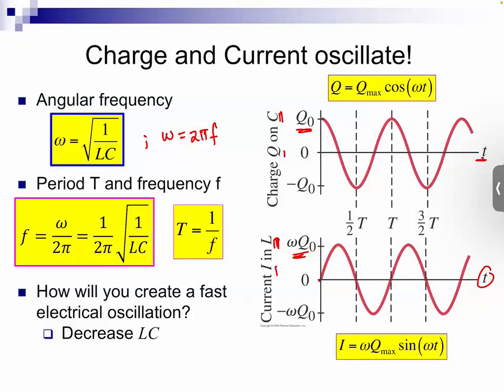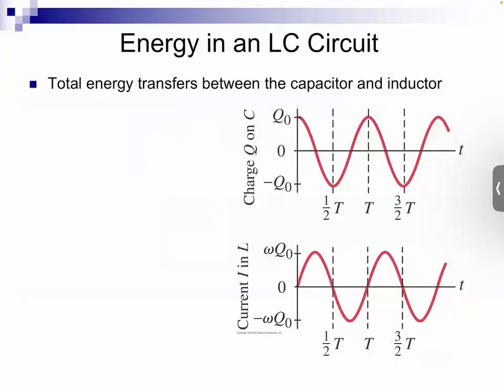If we relate that to the fact that the capacitor stores energy in the electric field between its plates, and the inductor also stores energy in the magnetic field between its coils, then since the charge is maximum in the capacitor when the current is minimum in the inductor, in terms of energy, if the energy stored in the capacitor is maximum, then the energy stored in the inductor is 0.